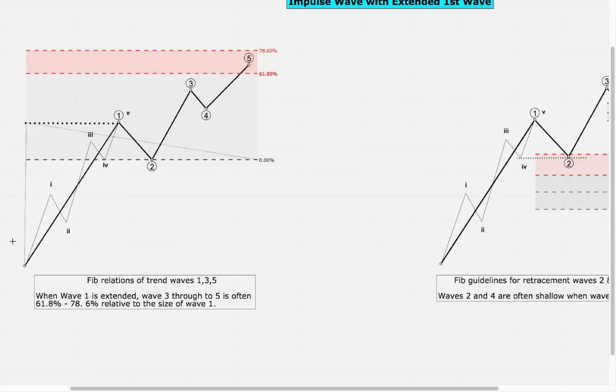Price went one way, downwards in this situation, and then you get a very quick strong move that's very long already. Then you're probably dealing with an extended first wave, and therefore the third and the fifth will both be smaller than the first wave.